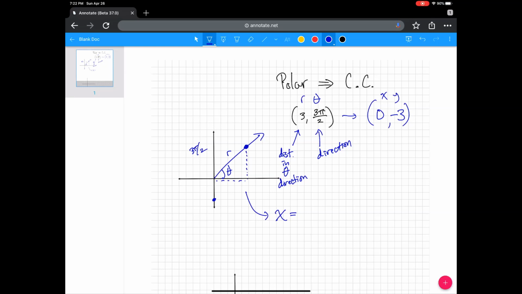So according to standard trig, the x value is equal to the radial length of the circle you're using times the cosine of the angle. And the y value, similarly, is equal to the radial length of the circle the point is on times the sine of the angle. And so we could have looked at it this way, so that in this case, this would have been 3 times cosine of 3 pi over 2.